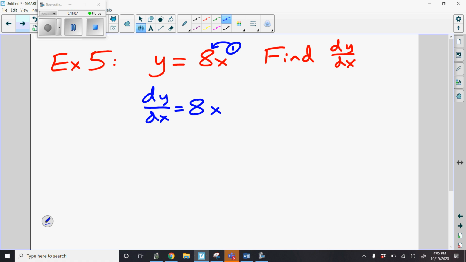And then I have to reduce the power by 1. Well, what is that x to the 0th power? Well, any number other than, I guess, 0 to the 0th power is always equal to 1. We just get 8. Okay? We just get 8, which brings us to a rule.